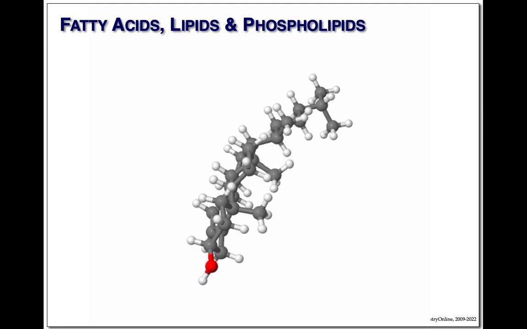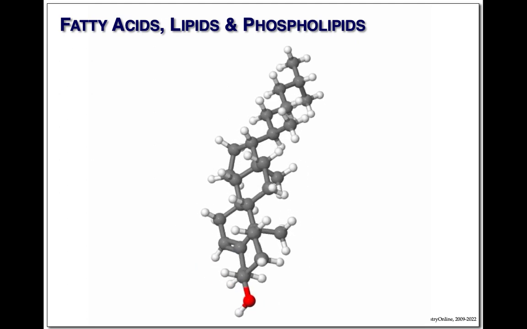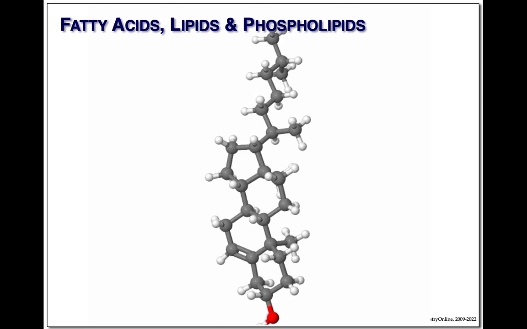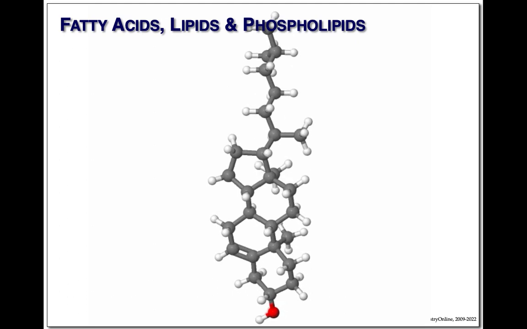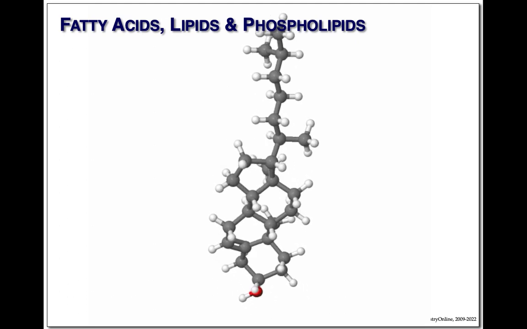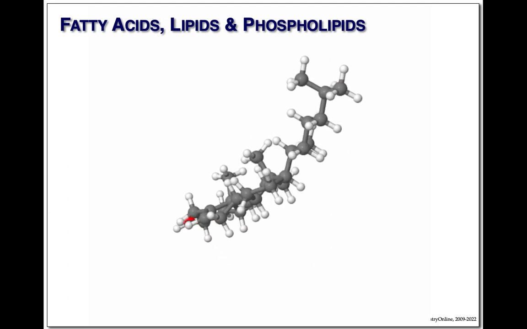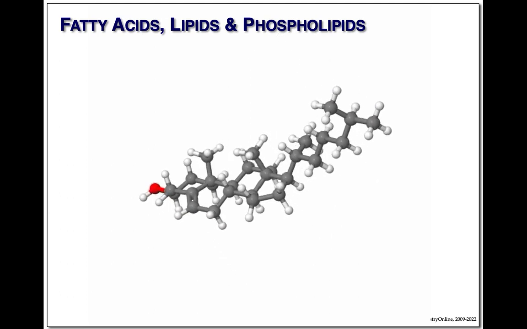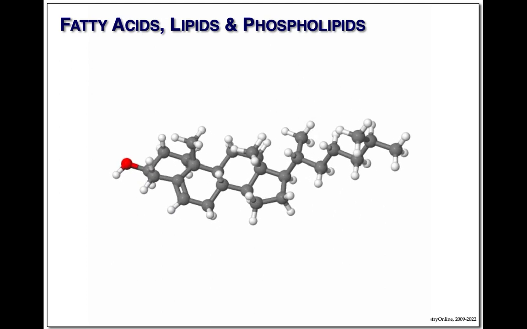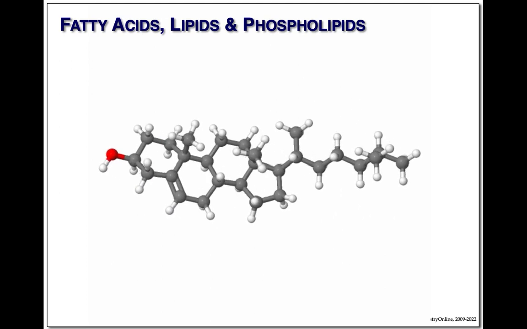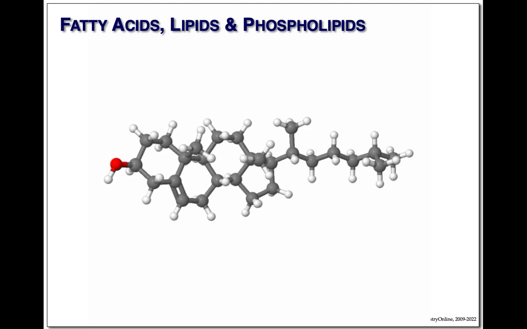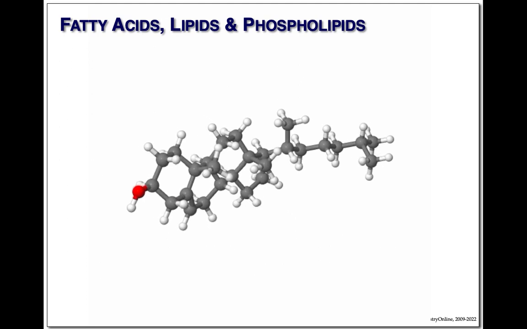It's hydrophobic, has an OH on one end, and it buries itself inside the bilayer. When it does that, it stabilizes the thing, makes it good and strong. This is a very, very important molecule in your body. Every cell in your body knows how to make this.